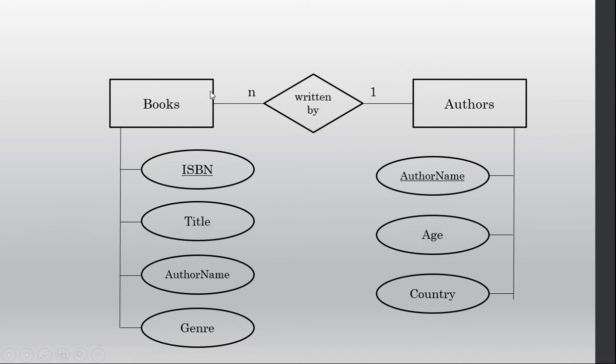So once we figure that out, we do need to remember to add our fields, right? Remember, the fields are the little oval symbols. So we've got our table names, we've got our relationship, and then however many fields there are, and there could be a lot more than 3 or 4, but we need to create an oval, connect it to each table for all the fields, and don't forget to designate the primary key with the underlining.